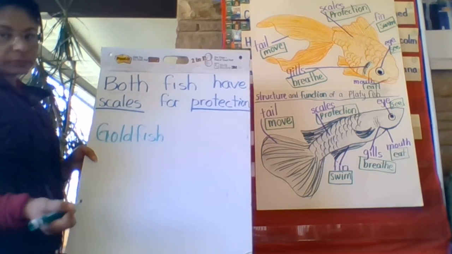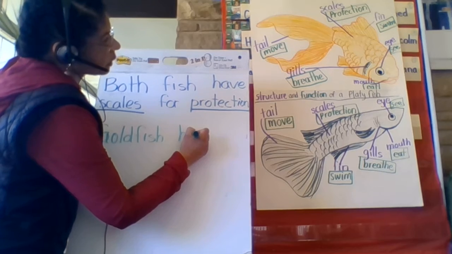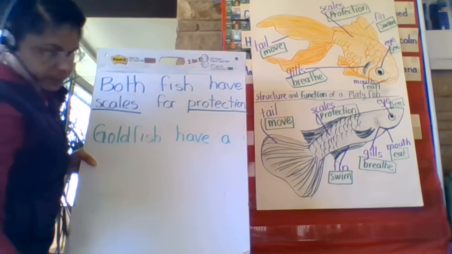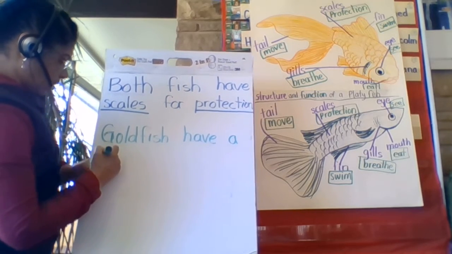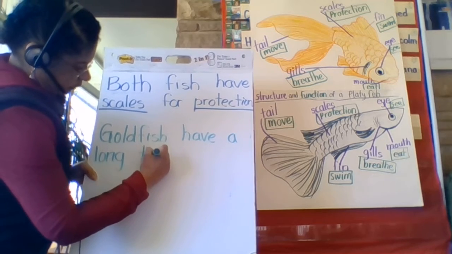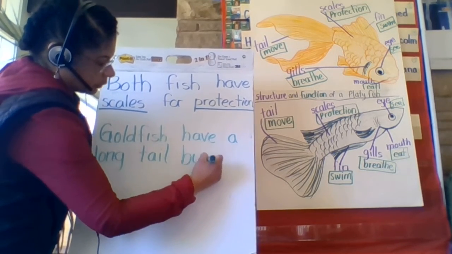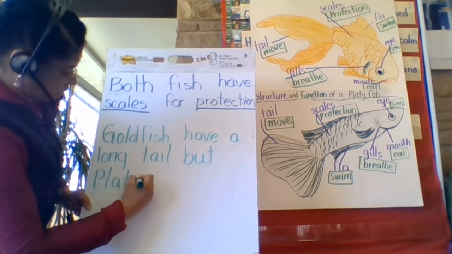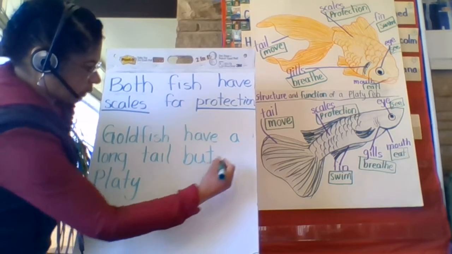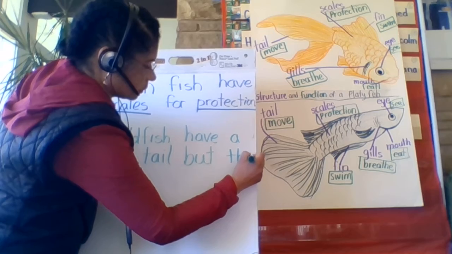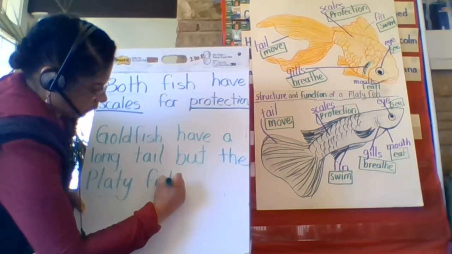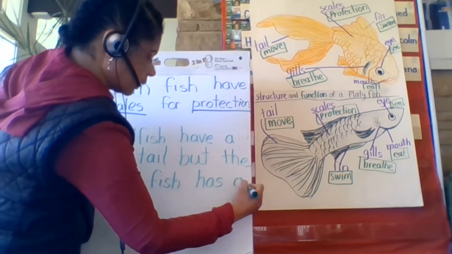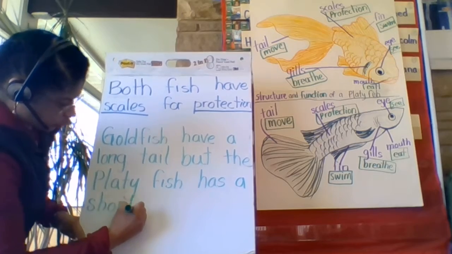Goldfish have a long tail, but platies has a short tail.